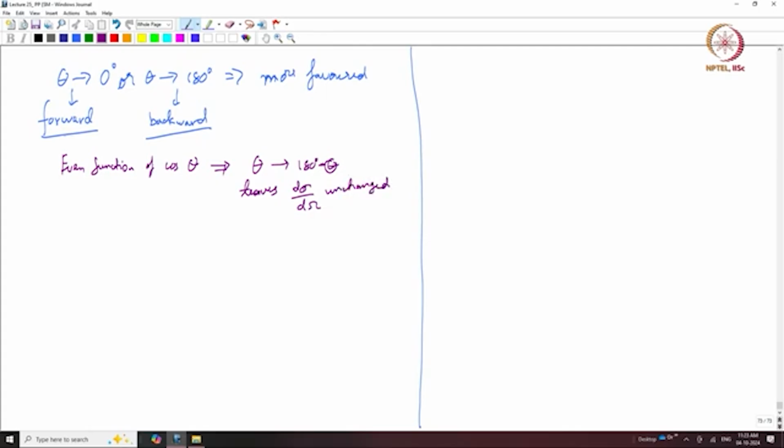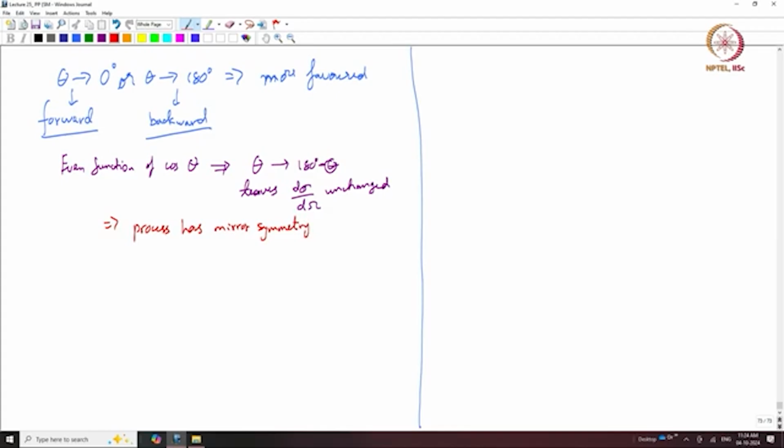What does that mean? How else can we say this? We can say that this process has mirror symmetry.